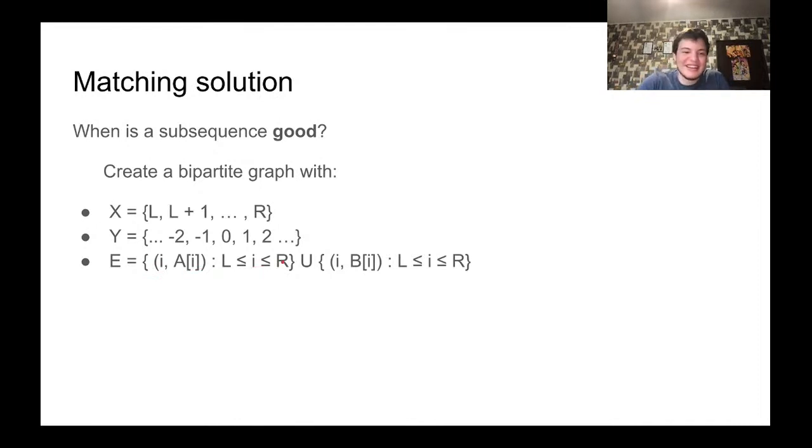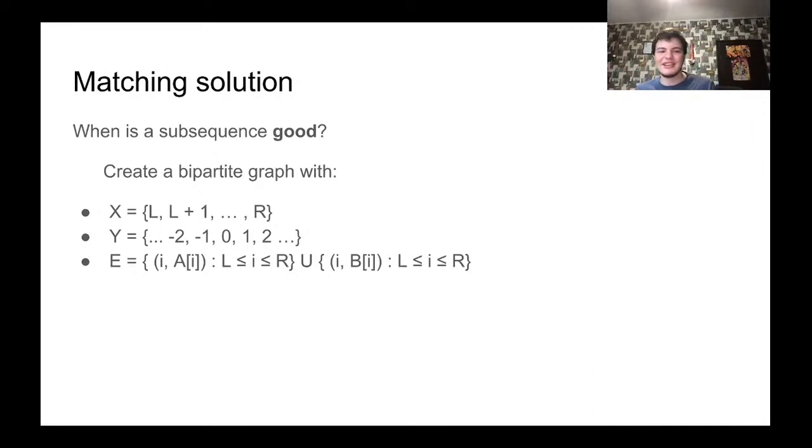Okay, so going back to the matching solution, for every position i, we have an edge from i to Ai, and from position i to Bi. In some sense, we just have the bipartite graph. On the left side, we have all positions. On the right side, we have all integers. And we have an edge from every position to the two numbers.